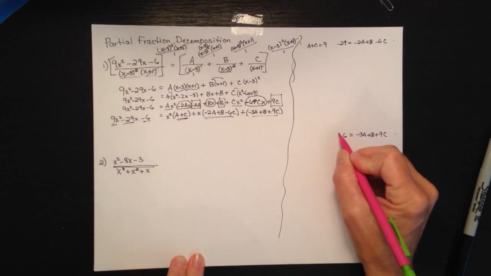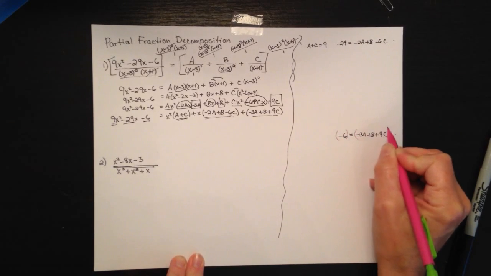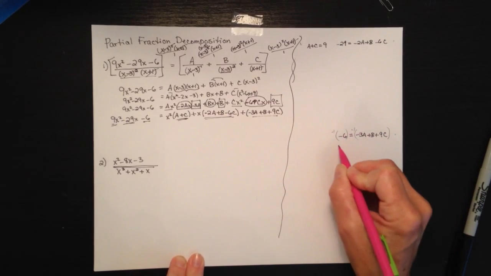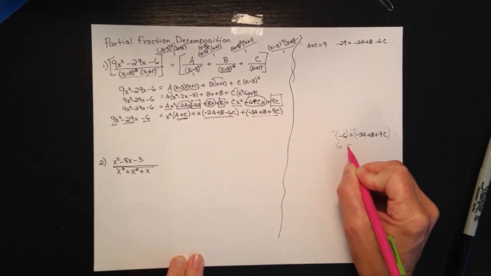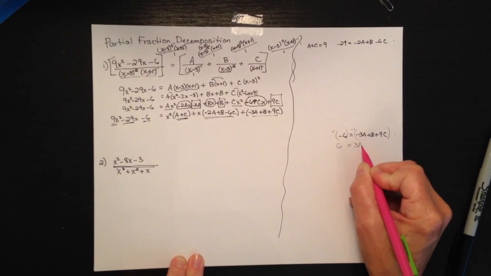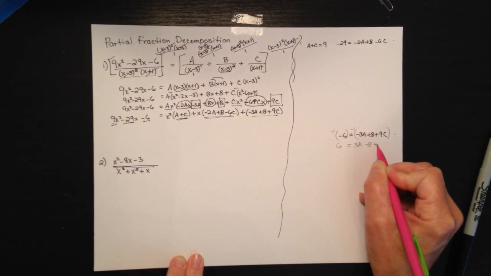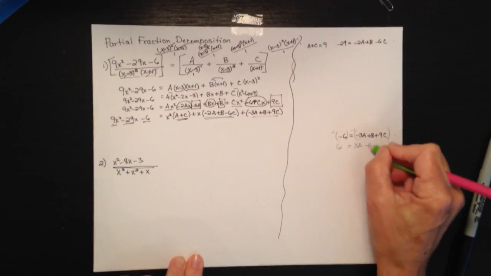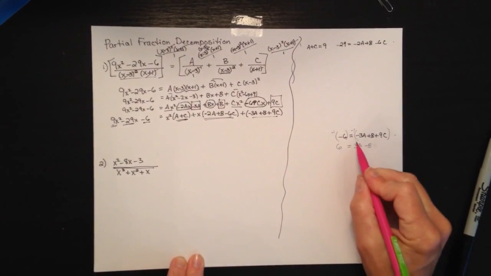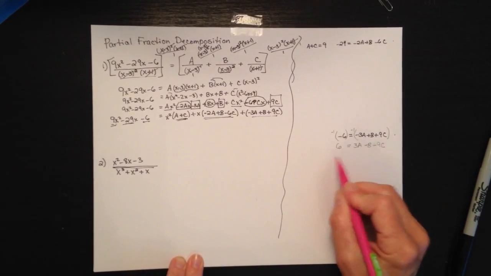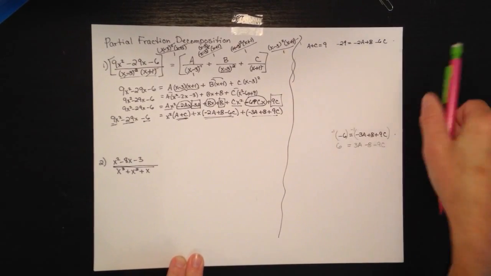I'm going to multiply both sides of this equation by negative 1. So this becomes positive 6 equals positive 3a minus b minus 9c. I'm sorry, that's why I knew I needed an eraser. So now I'm going to add this to this equation up here.